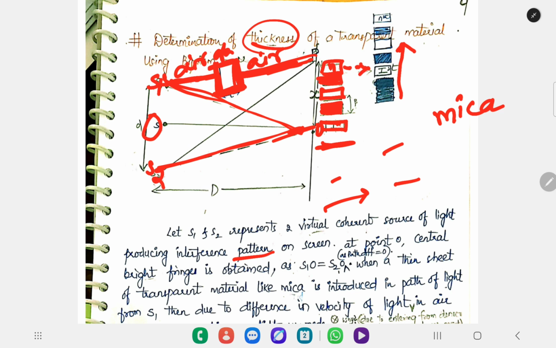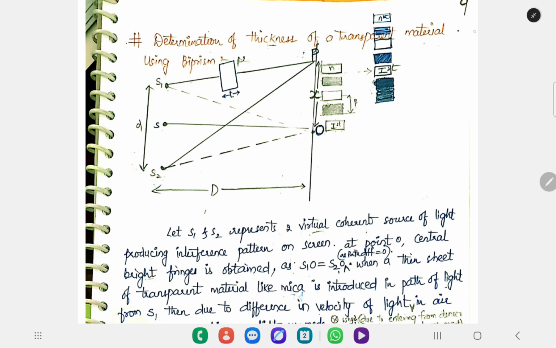Where our nth fringe was, there will be our first fringe. I can say this is our nth fringe when we are not keeping any transparent medium. When we keep a transparent medium in between, this will become our first fringe.